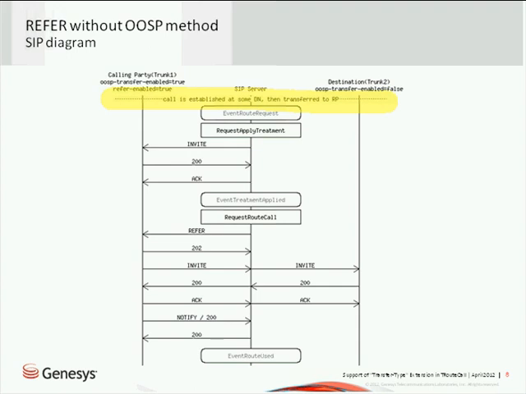For example, that was a direct call from caller through SIP server right to GVP port. GVP answered it, and then it transferred it back to SIP server routing point. So this step, the call must have been established somewhere, is a must for this method to work. That's the limitation. It's not intuitive, it's not obvious, but that's the requirement of this refer.